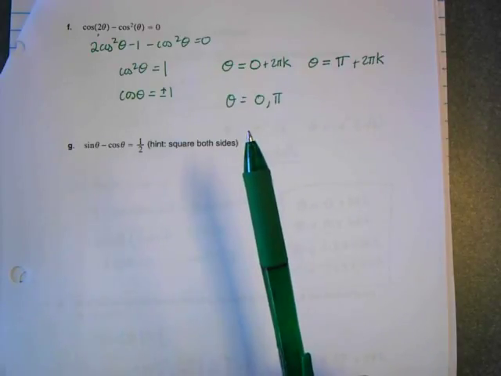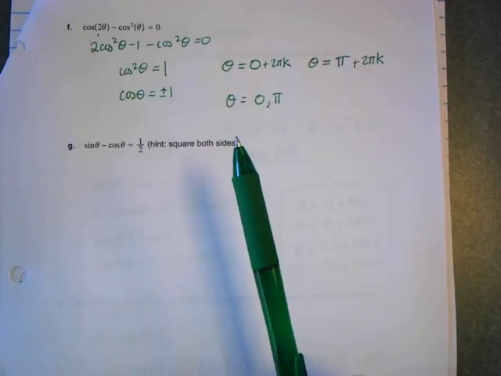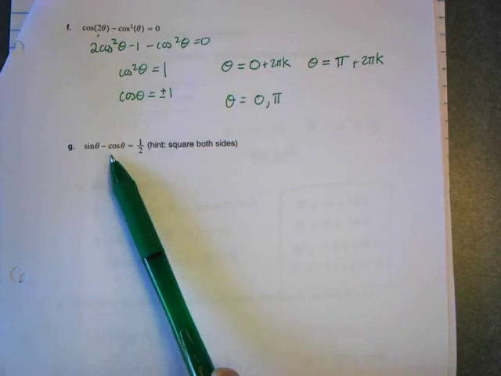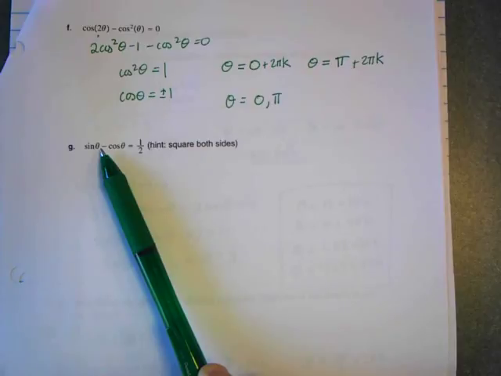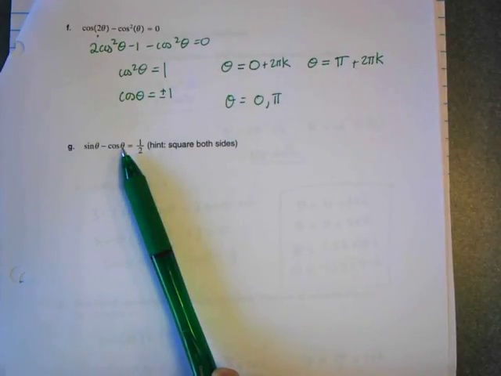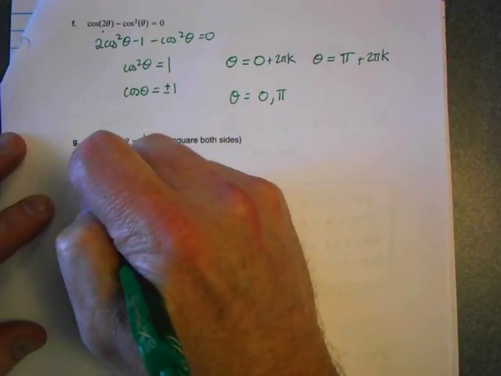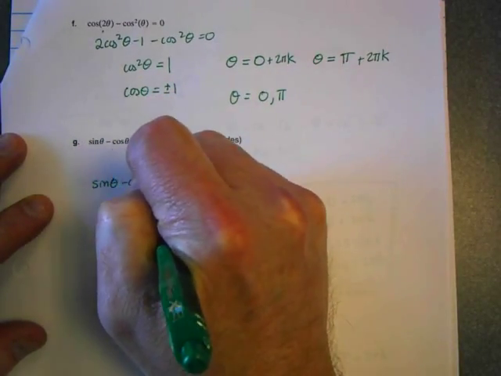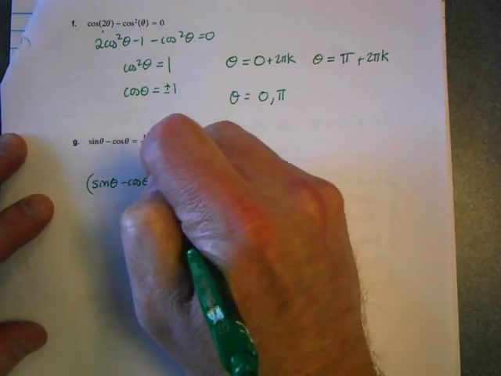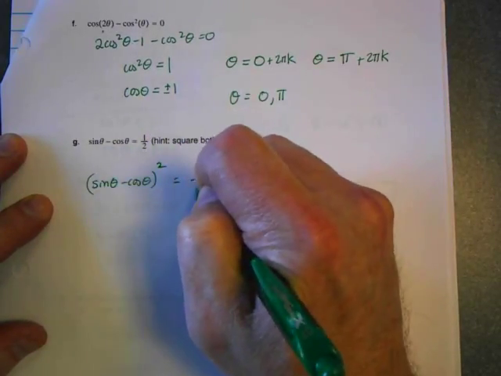What's going to happen when I square this? I'll get a sine squared, and when I square that one, I'll get a cosine squared. But it's not quite that easy. When I square both sides, I have to take sine theta minus cosine theta, squared, equals 1/2.